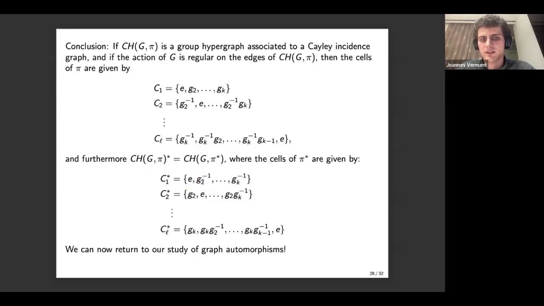The first cell is G2 inverse up to GK inverse. The second cell is G2 times C1 inverse, because you're constructing it in the same way as you do for the C1 up to CL, since we know that the action has to be regular on these hyperedges. And for all of these cells, CI star is given by GI times C1 star. And now we are ready to return to our study of the graph automorphisms.